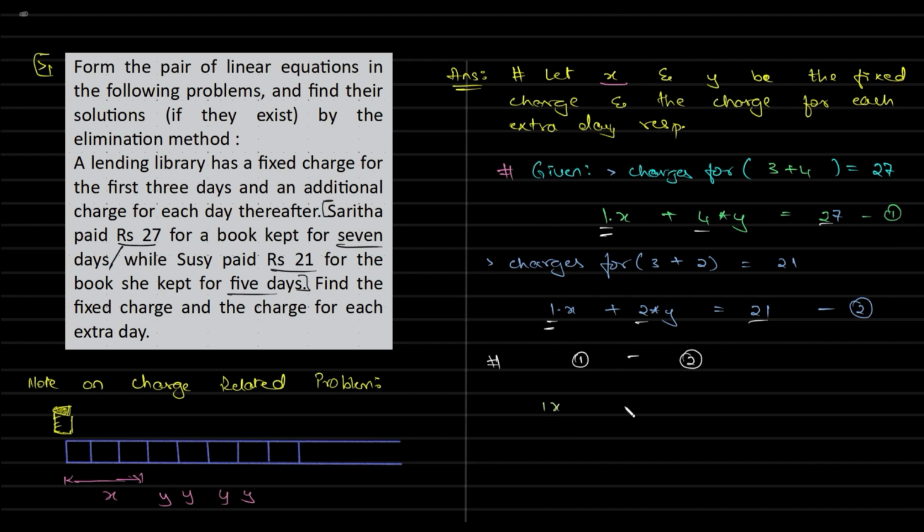We have 1x plus 4y equals 27, and 1x plus 2y equals 21. So we subtract equation 2. The x gets cancelled and we have 2y equals 6.